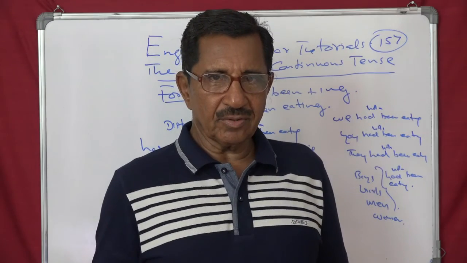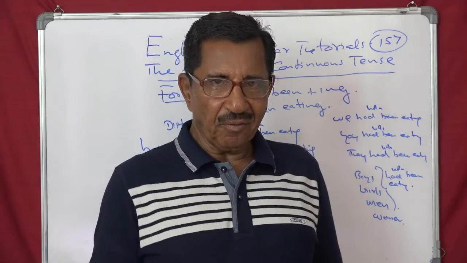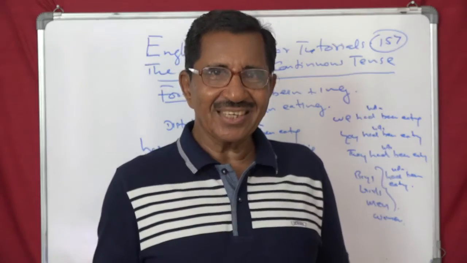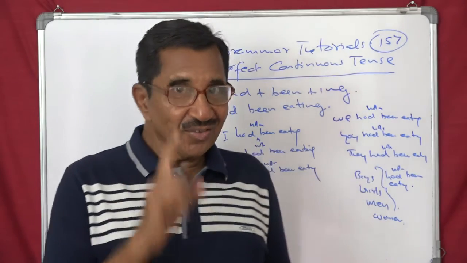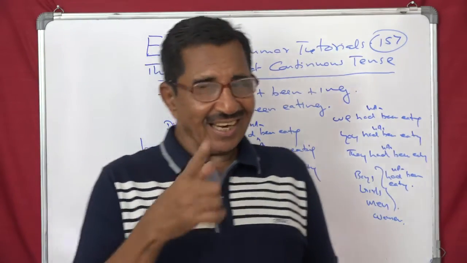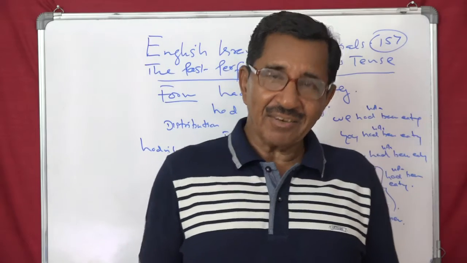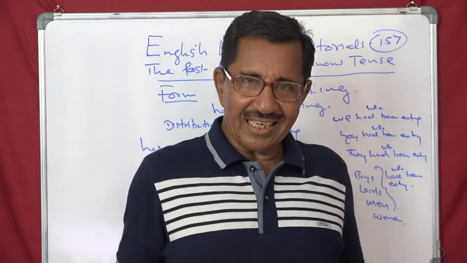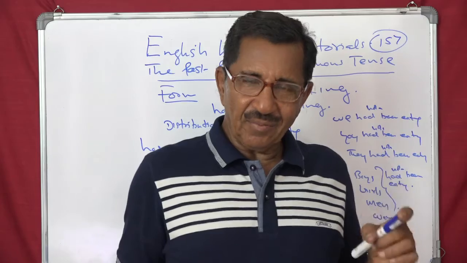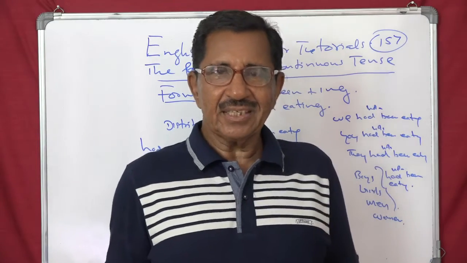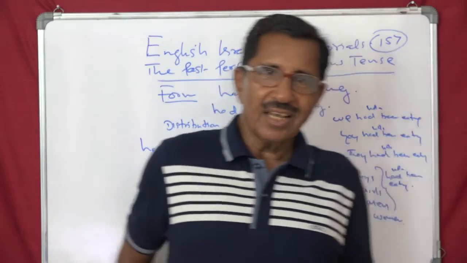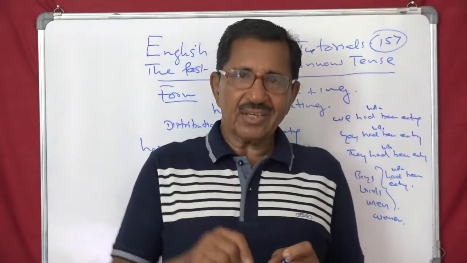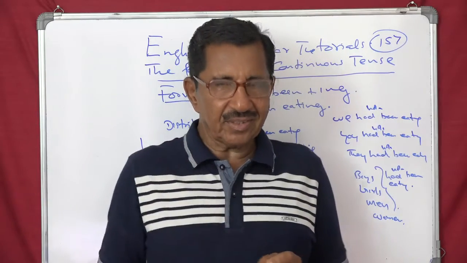So I think for today this is enough. Form, distribution, negative. What should you do on your part? Try. Take 10 verbs and write down the same. Although the form is the same, write with first person singular, second person singular, third person singular, and so on.